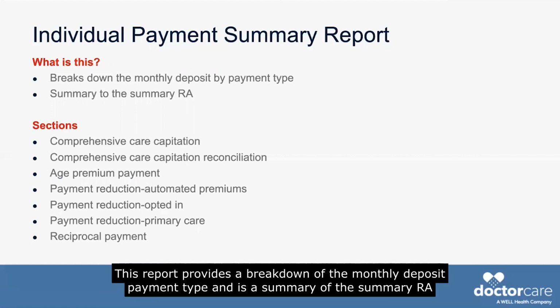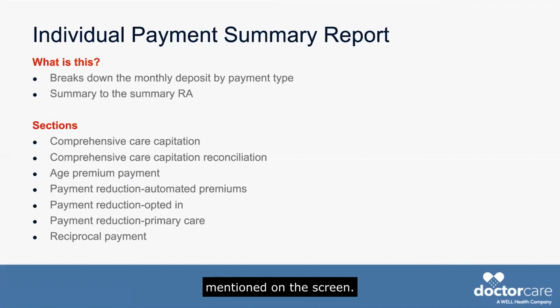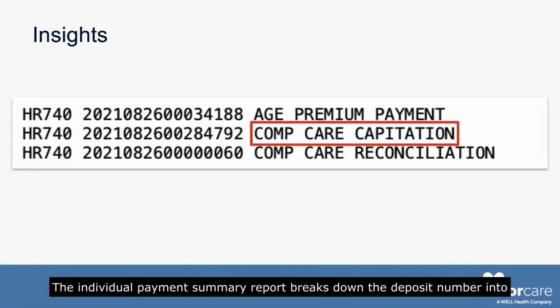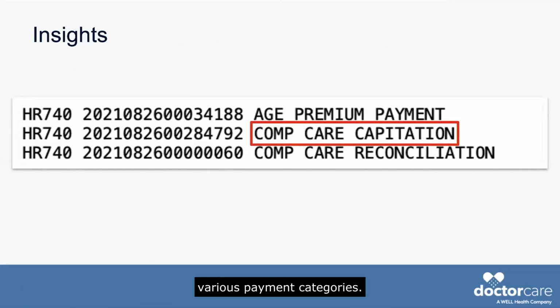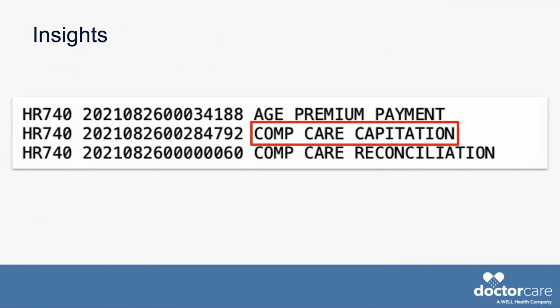This report provides a breakdown of the monthly deposit payment type and is a summary of the summary RA. In general, it breaks out the amount of money you've been paid for each of the categories mentioned on the screen. If you add up all these payments in this section and your total claims paid in your EMR, it will equal your deposit.